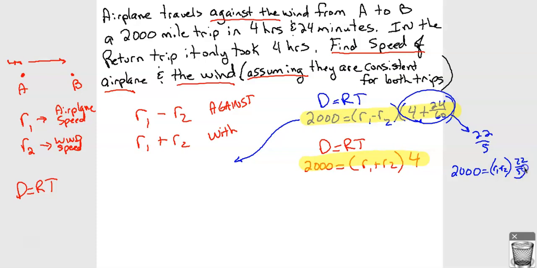To get rid of that fraction, I'm just going to multiply both sides by 5. So here I get 10,000 equals R1 minus R2 times 22. We use the distributive property, so 22R1 minus 22R2.